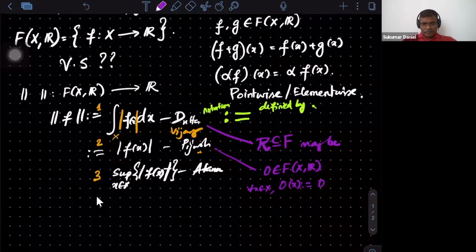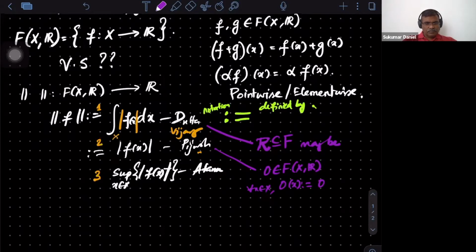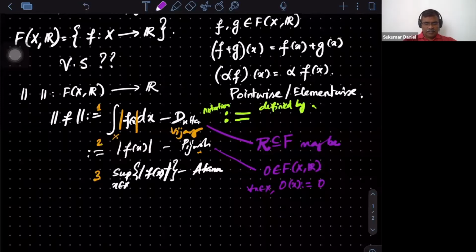Third one, and now after discussing this, can you see the third one also has a similar problem? Is it true that if I take any function, I can always find a supremum? As of now, X is any set. So for any X, it may have a problem, right?